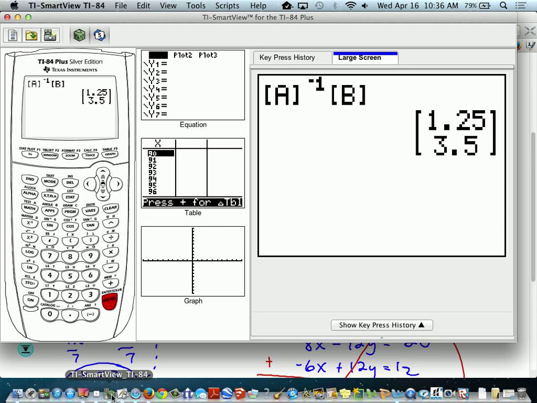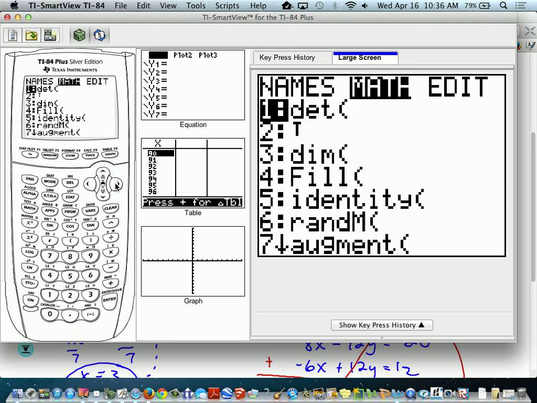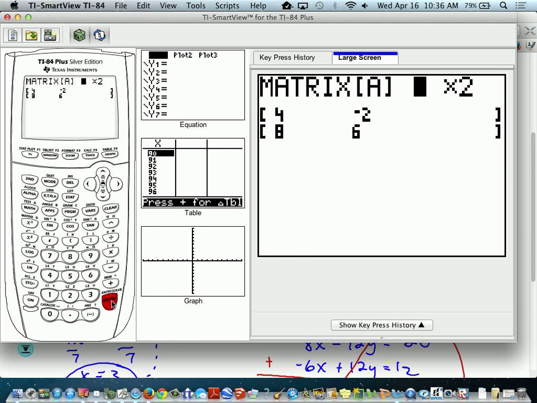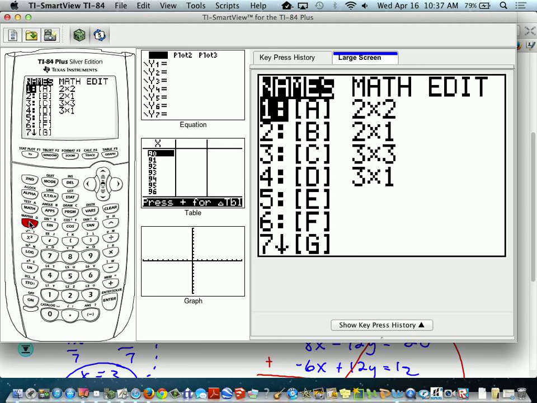We're going to type in matrix. So we edit matrix A, keep it a 2 by 2, and we're going to go negative 8, 1, because that's a 1 in front of the y, negative 10, negative 5, because I brought it from the right-hand side to the left-hand side.